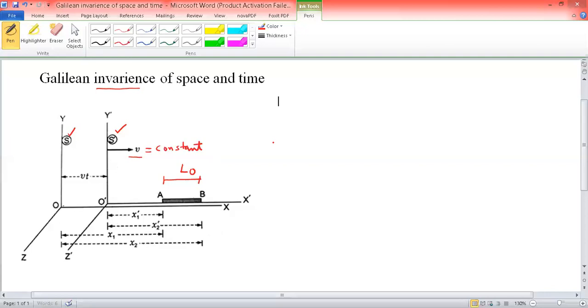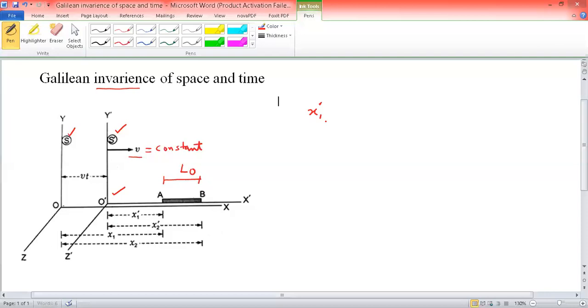You can see from point O prime, the distance of the rod up to point A is marked as x1 prime. Then the distance marked up to point B from O prime is x2 prime.